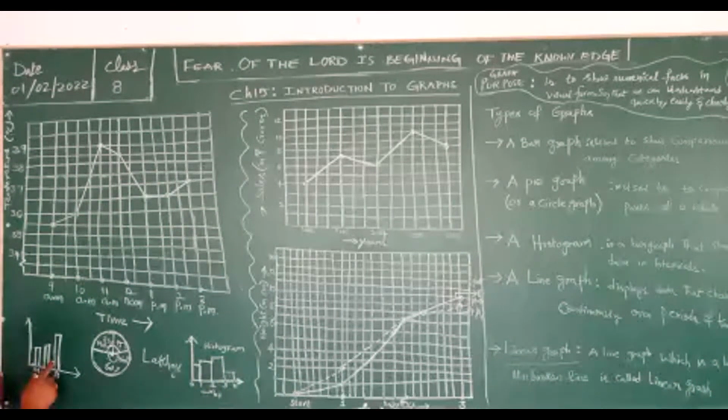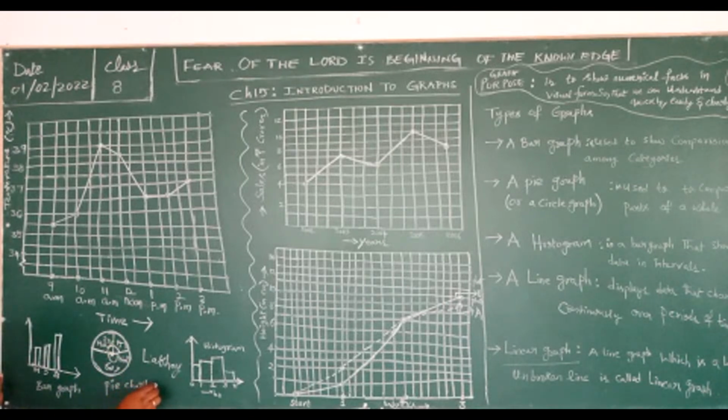If they are not joined, then that is called a bar graph. So this is a bar graph, and this is your histogram, and this is your pie chart or circle graph. Okay, all right.